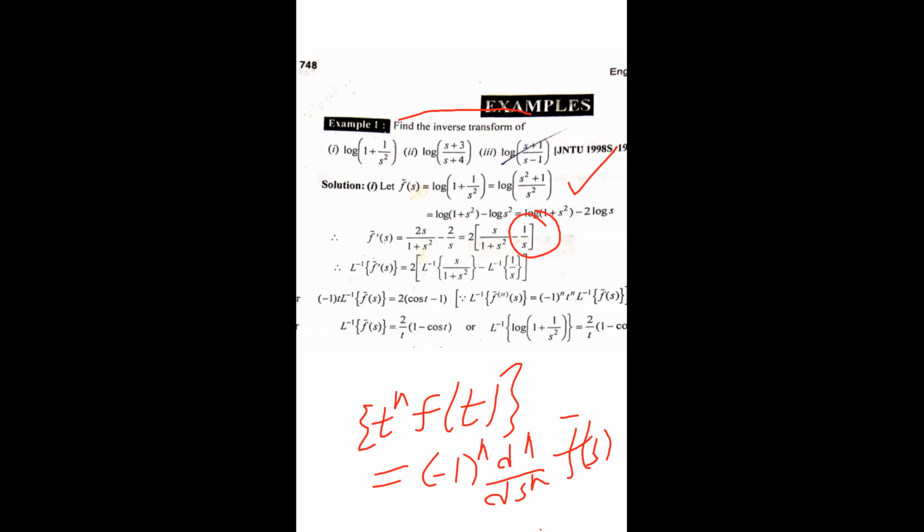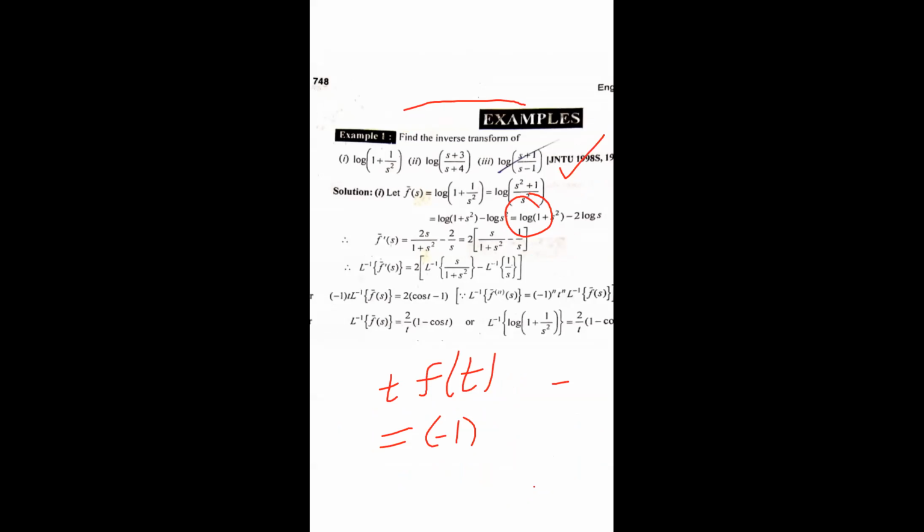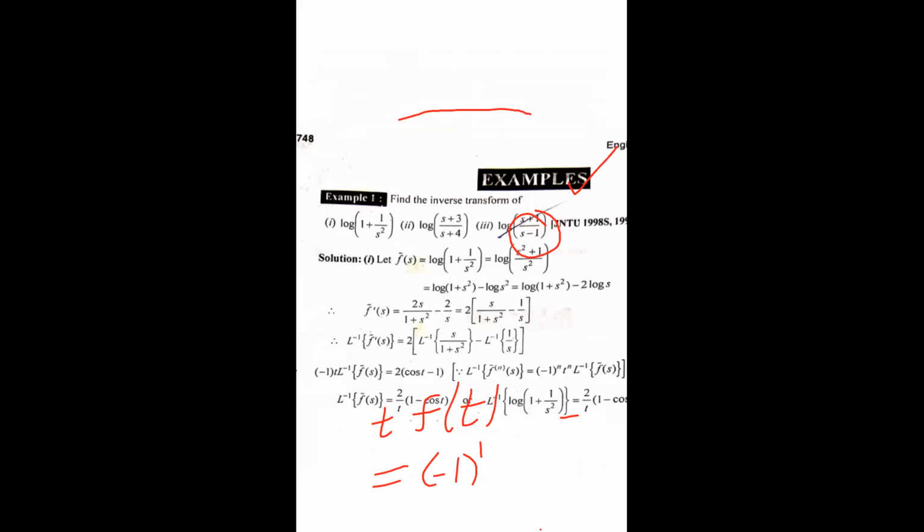So here we apply L inverse. In applying L inverse, the derivative of f bar of s we simply write as f dash. Taking n value 1, t into f of t equals minus 1 power 1, and for the derivative f bar dash of s, we apply L inverse.